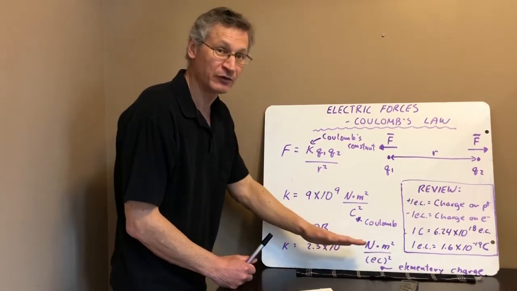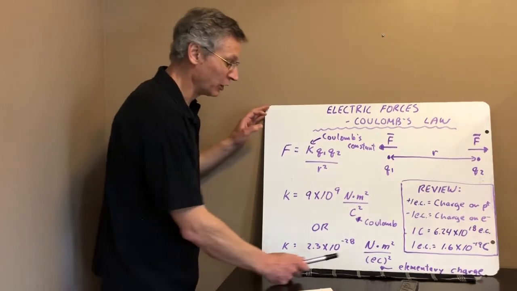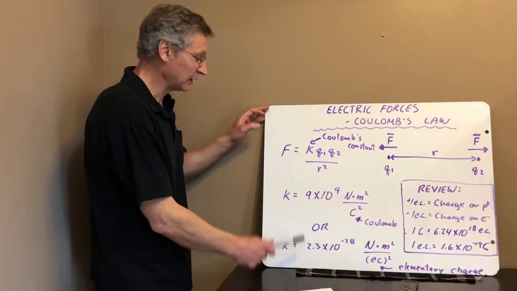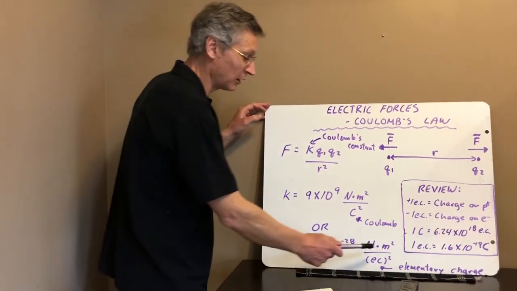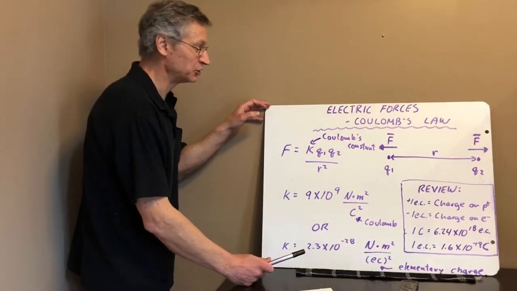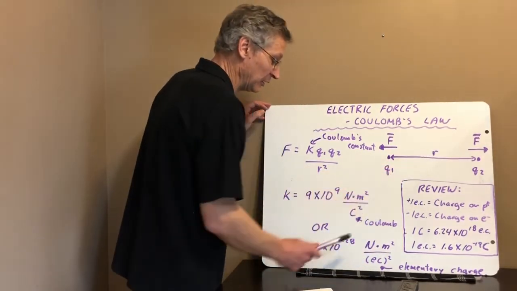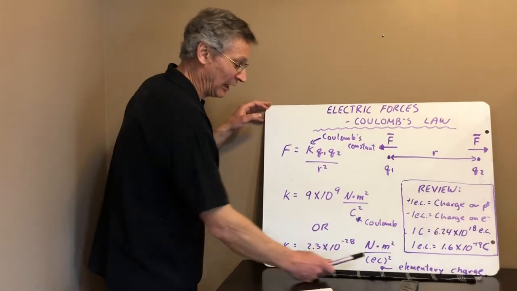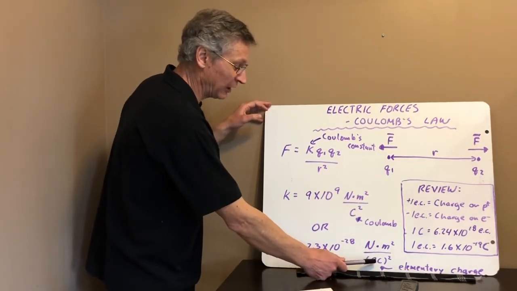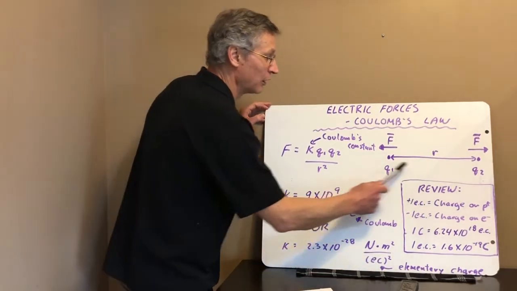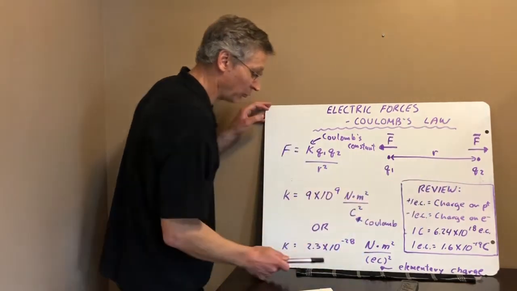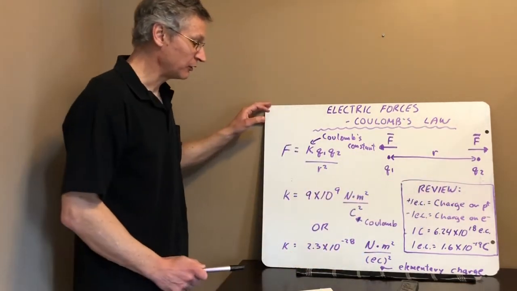Again, the significance of these units: if you want your force to come out in newtons, if you want to measure your distance in meters, and you're using elementary charges for your unit of charge, then you use this value of K.